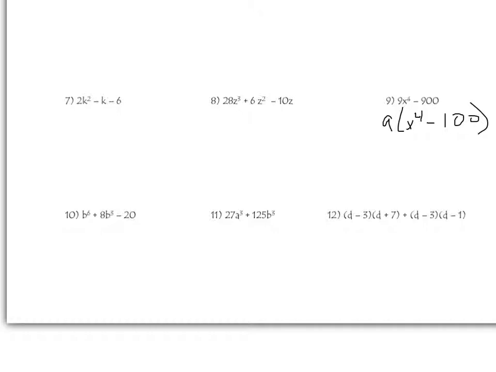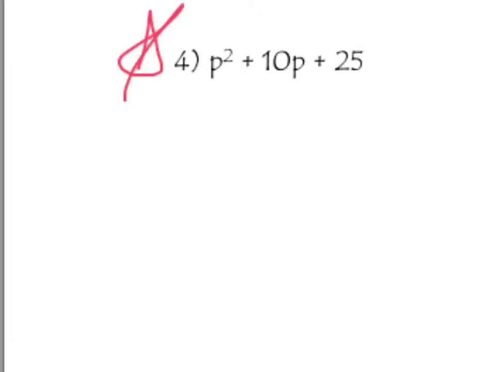Beginning with number 4, we notice that again, in the special cases, if it's a binomial, then it needs to be a difference of squares, sum of squares, or sum of cubes to use a formula. But this is a trinomial, so the only thing we're looking for in a trinomial is if it's a perfect square trinomial, which requires the first and third terms to be perfect squares.